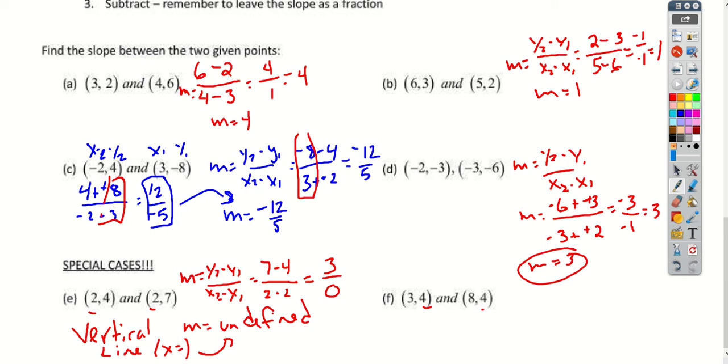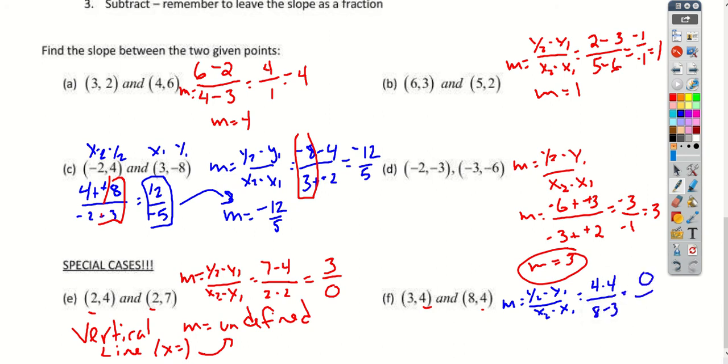Now, if we do the y value the same, we do 4 minus, trying to go blue, but apparently we went purple. So now we do our slope value, y2 minus y1, x2 minus x1. We end up getting 4 minus 4 on the top over 8 minus 3.